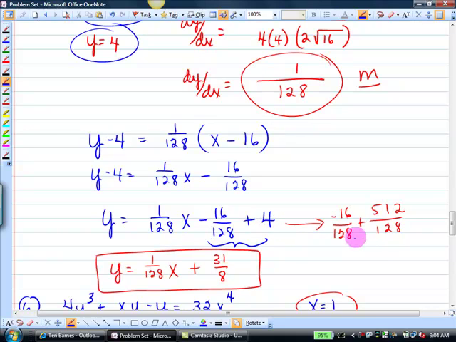Where did this 512 over 128 come from? I changed 4 into a fraction that had 128 as the denominator so that I could combine those two pieces, and then I reduced it to 31 over 8.